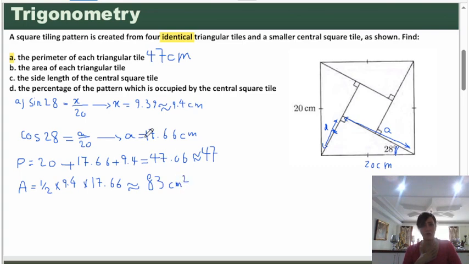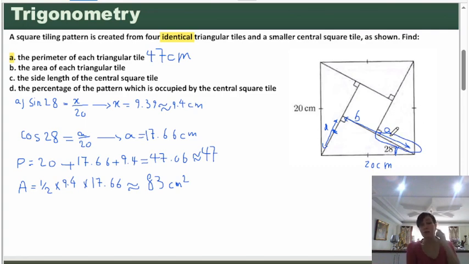Now I will go for part C. Part C asks for the side length of the central square tile. It's so easy. To find this side b, we see a creates b plus the base side of the other triangle.